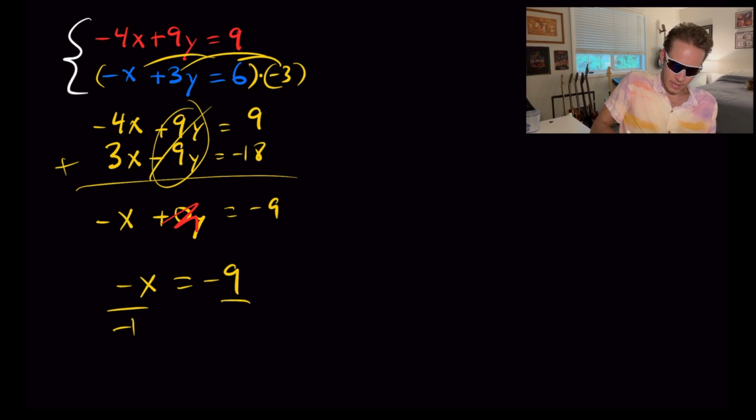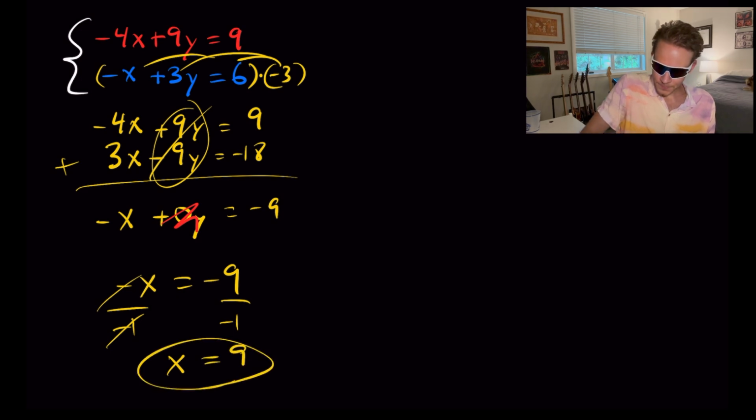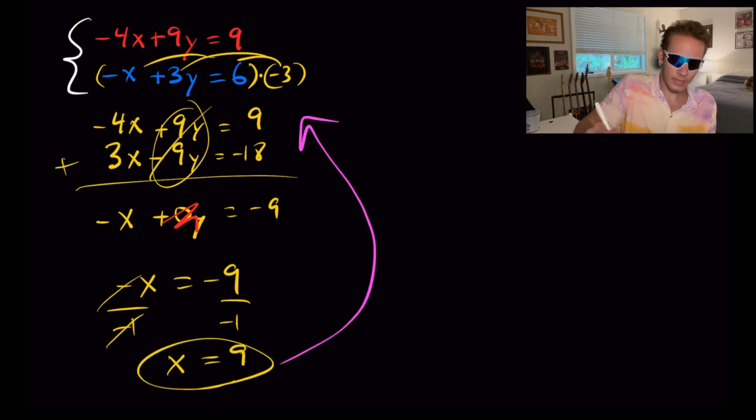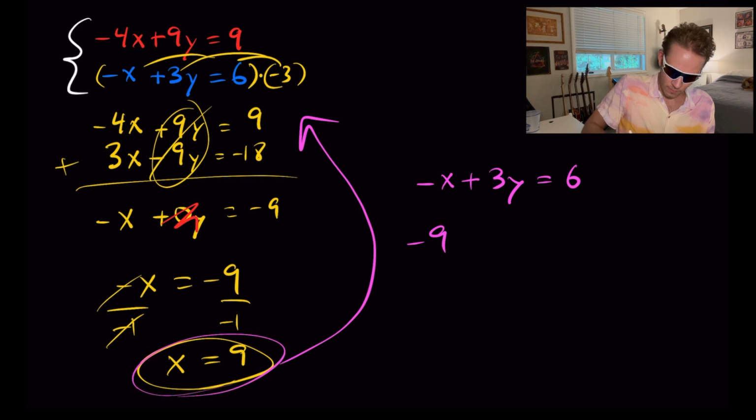Divide both sides by the negative 1 to cancel those out. And we'll get x is equal to 9. Plug that back in to either one of the two original equations. How about we do the bottom one, because x only has negative 1 as the coefficient there. So we'll have negative x plus 3y is equal to 6. Instead of negative x, how about we make it a negative 9 from over here?